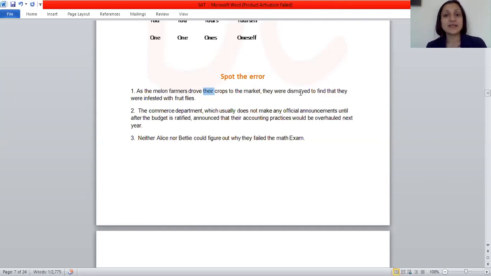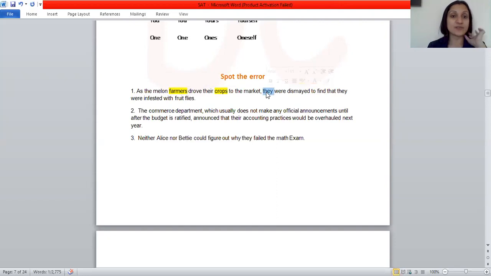They were dismayed, okay, they, another pronoun. So it looks like this they goes to farmers, right? But if you see, before this they, farmers were the only noun in this sentence. But with this they, I have introduced another noun. So now I have crops and farmers, two nouns here. That means this they is ambiguous.